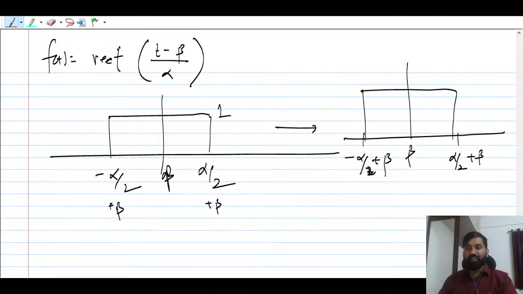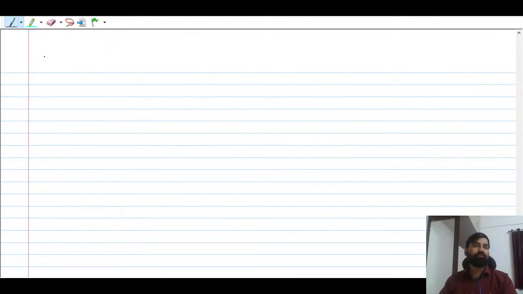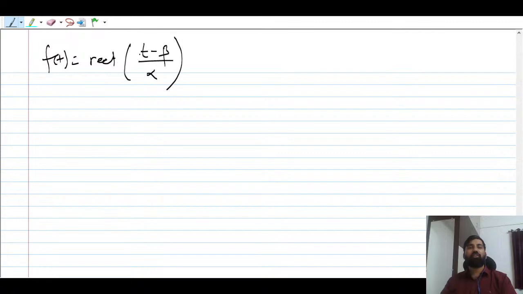A lot of people get confused in this, so remember, if f(t) is given as rect (t minus beta) by alpha, first of all you have to draw the rect. Forget about this shift. Just forget about this shift. Understood?